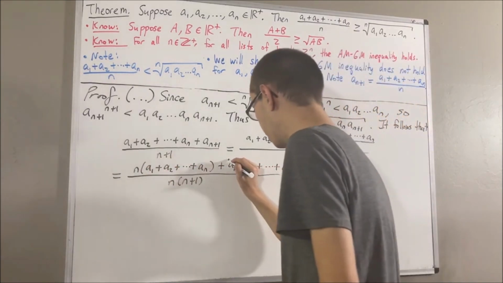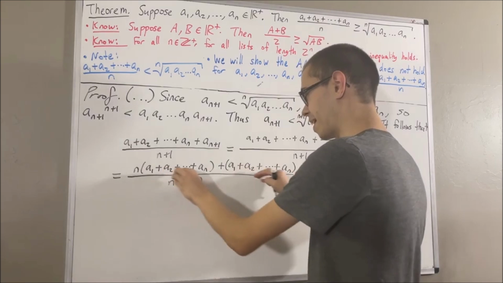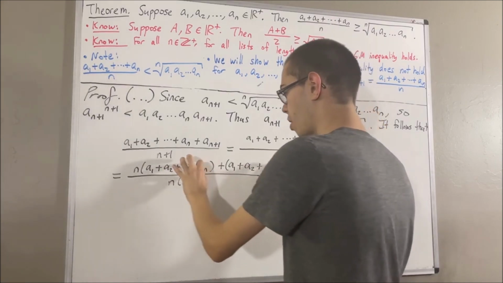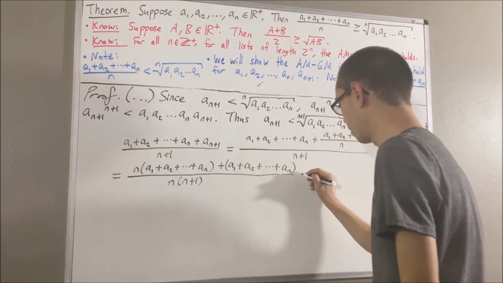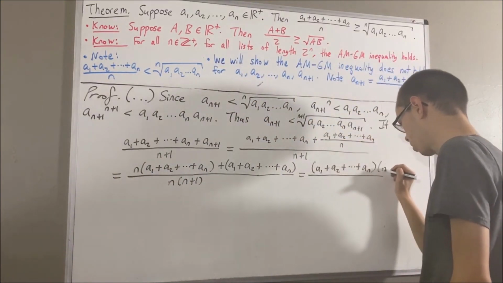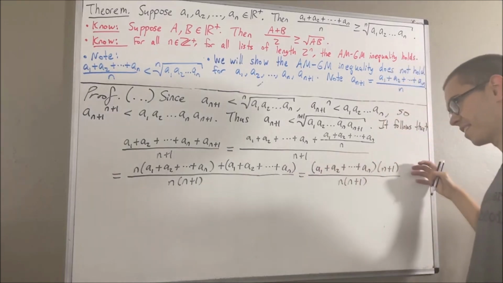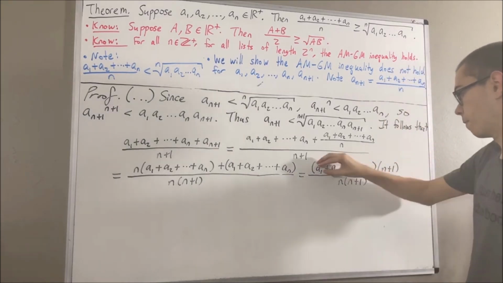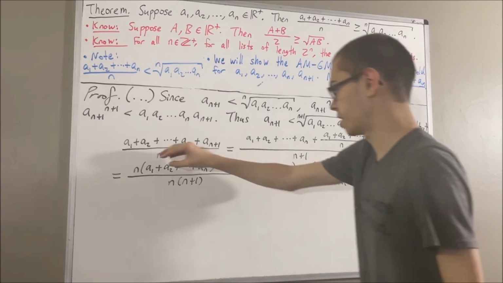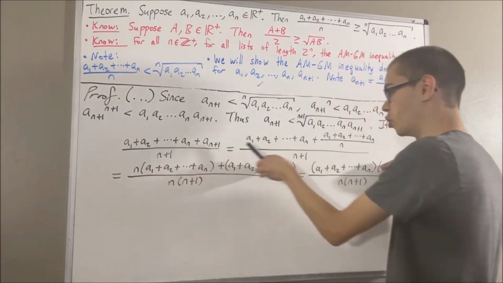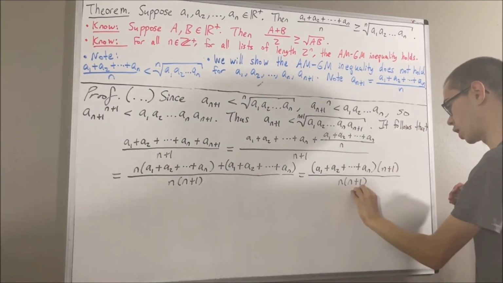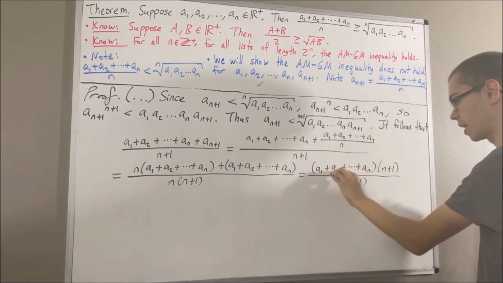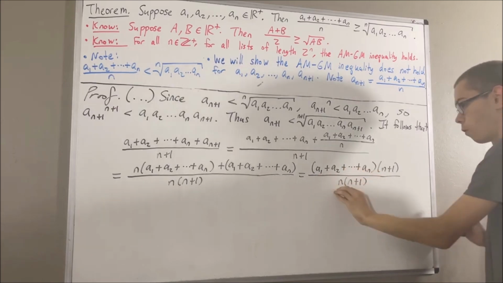But notice, we have the same thing. So, if we factor out a1 plus a2 plus ... plus an, we're going to get this, right? As you can imagine, if we were to expand this out and expand this out, both the numerators would be equal. And so we see that the n plus 1's cancel out, so we're just left with a1 plus a2 plus ... plus an over n.